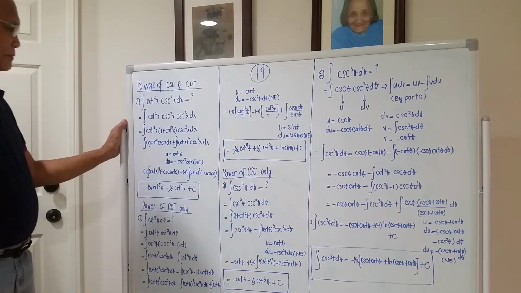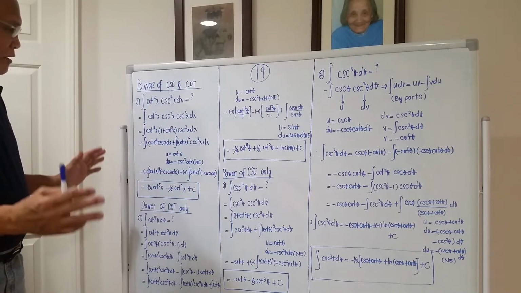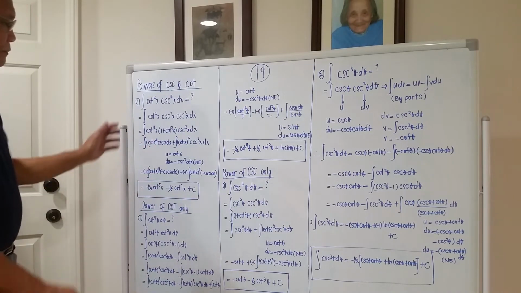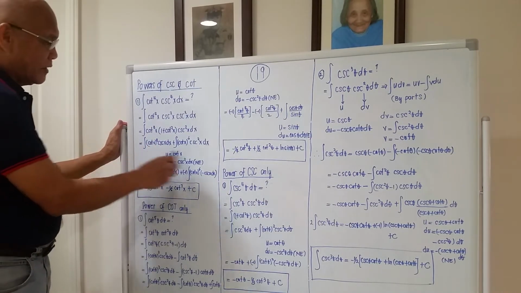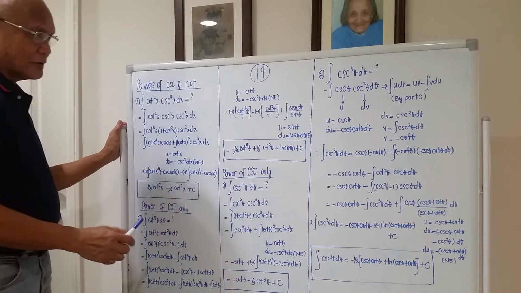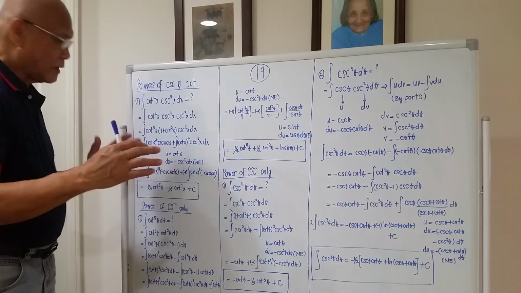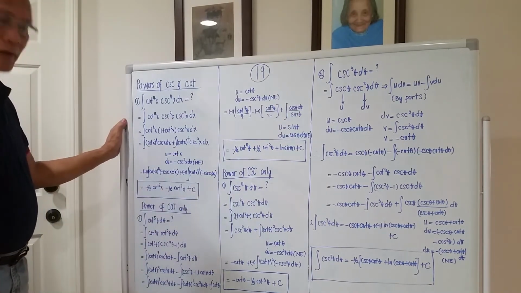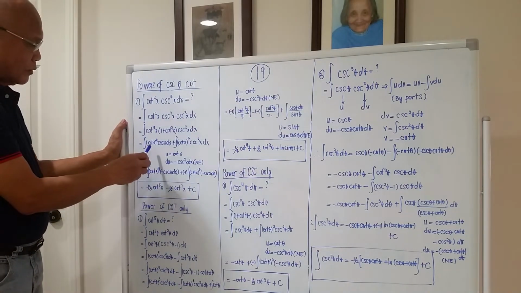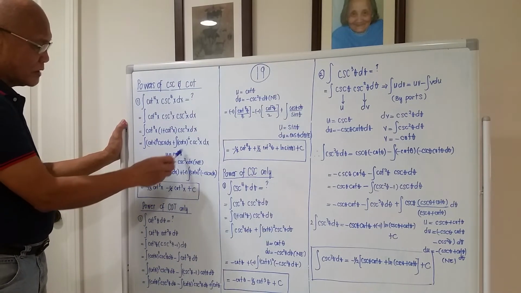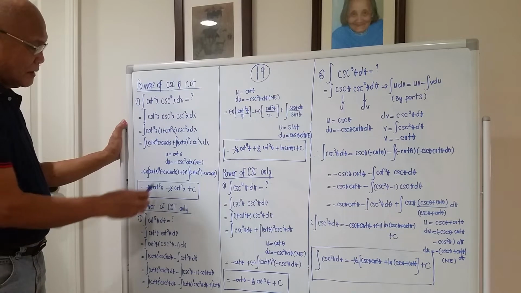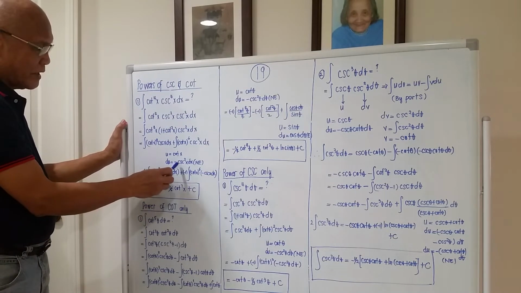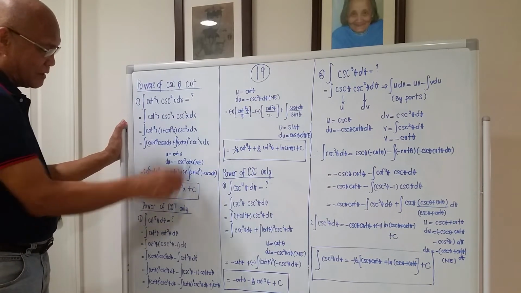If we try to observe it, the resulting expansion are now both integrable, right? Where the value of u is cotangent of x and the value of du is negative cosecant square of x dx.